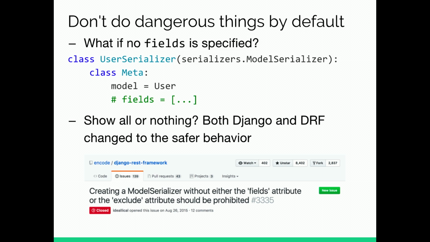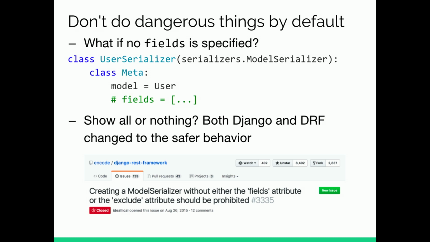Previously, both Django and DRF showed everything. So if you wrote a serializer and, for some reason, forgot to set the fields, you'd show your user's hashed password in the API. And it's probably not what you want, because it's not the safest behavior. So eventually, both changed it to the safer behavior. So you must think about that.